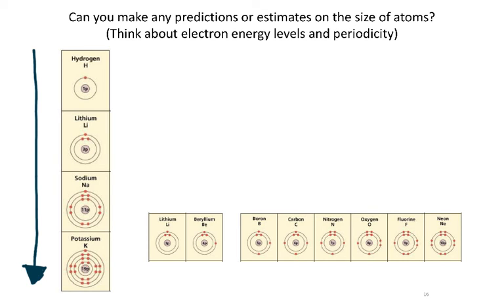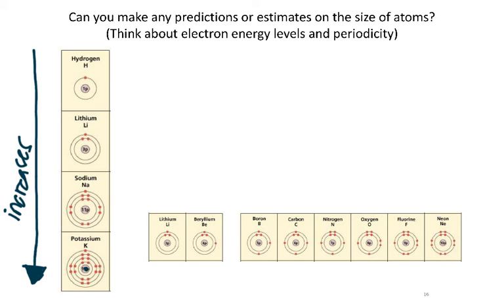And so the overall volume of the atom would increase as you go down. And remember, we said also the electrons at the higher energy levels are farther from the nucleus. So we would predict that the size of atoms would increase as we go down.